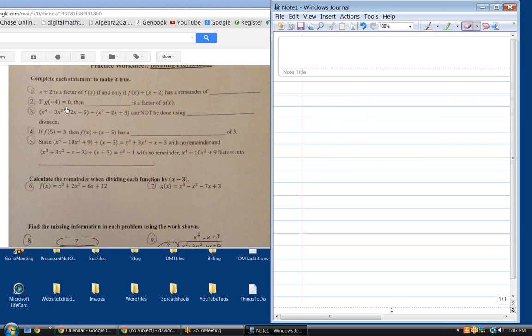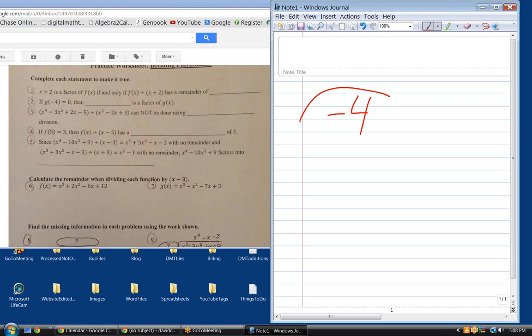Number 2, if g of minus 4 equals 0, then blank is a factor of g of x. Is it negative 4? It is. Negative 4 is the factor, by the same reasoning. In other words, if you plug in one of the factors, you always get 0.